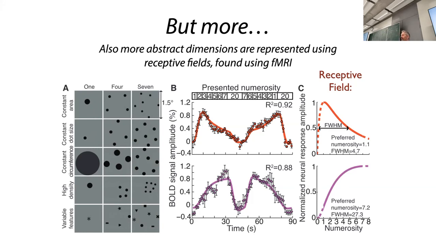So yeah, they were interested in whether this abstract dimension is represented in a very low level type way. These people, my collaborators, are very much sensory neuroscience, from the visual domain. They don't care about high level cognition much. This is just numerosity, which they consider also sensory.